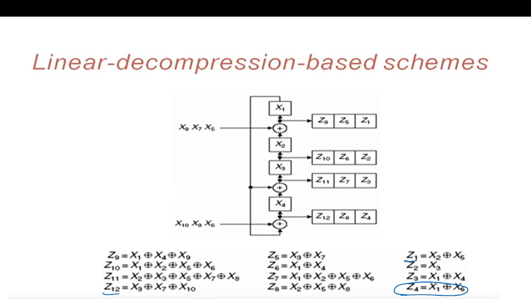This circuit, this is z4, which is nothing but x1 obtained from here. So this x1 is coming to this input, and this input is x6, which is giving the z7. In a similar way for other combinations.